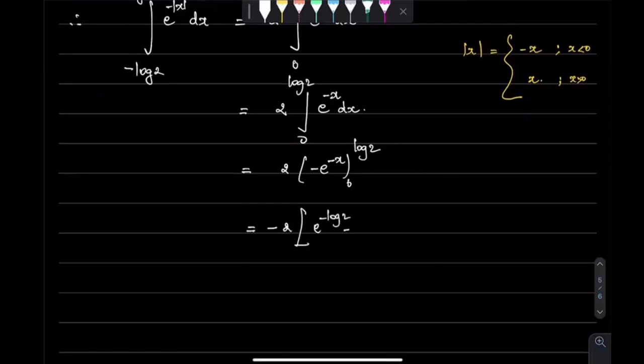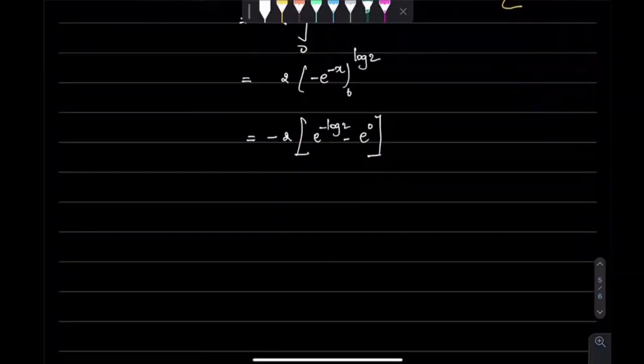What is e power 0? Anything power 0 is 1. So I'll get minus 2 times of e power, can I say, log 1 by 2?